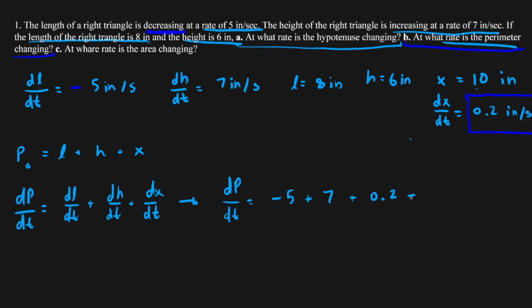If we add these together, we should get dP/dt, so -5 plus 7 plus 0.2, we get 2.2 inches per second. This is the answer for part B.